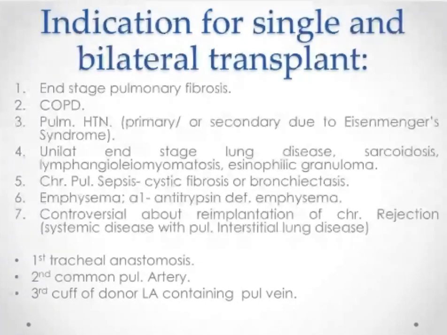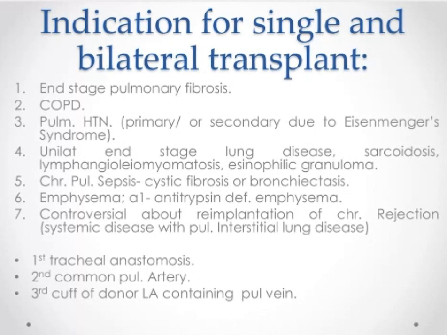The procedure of lung transplantation: first of all, you should do the tracheal anastomosis. Second, you should suture the common pulmonary artery. And third, you can have a cuff of the donor left atrium containing the pulmonary veins.